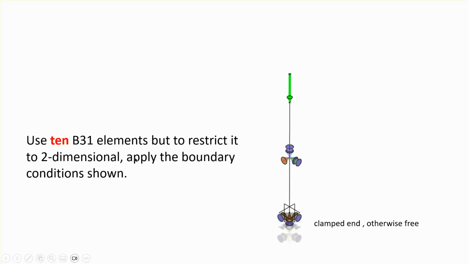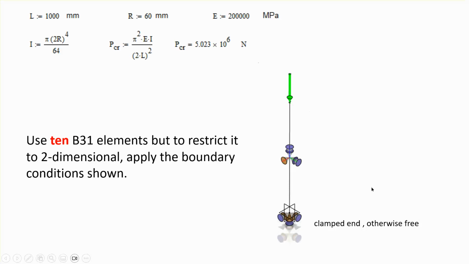That essentially turns the B31 into a B21 element. So a three-noded linear element will be converted into a two-noded linear element.